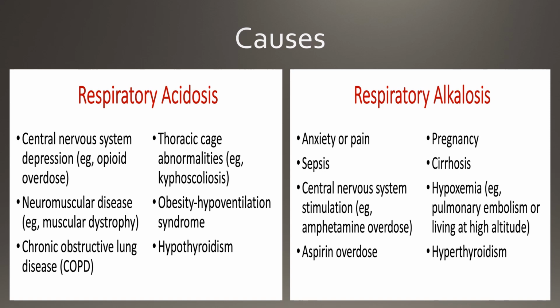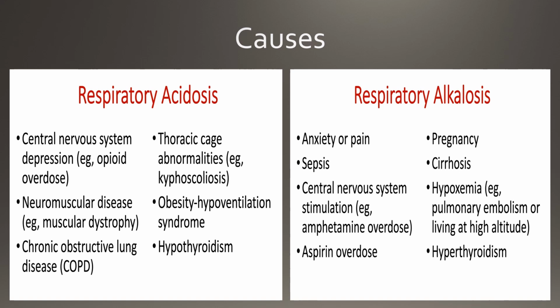That's because the lungs are trying to expand. So if that expansion is hindered, by a neuromuscular disease as well, or a stroke, that's where we would get the respiratory acidosis.